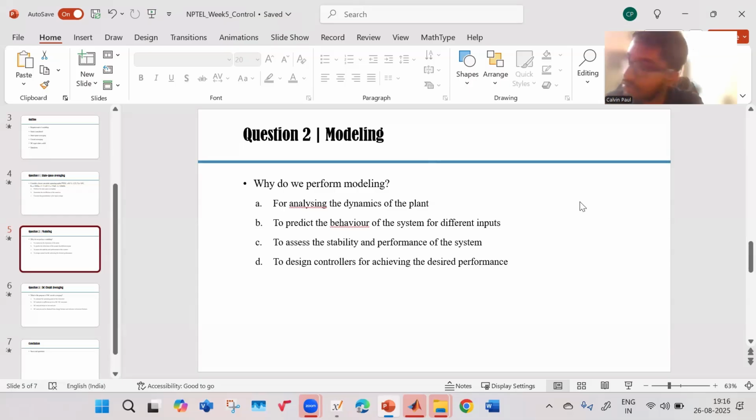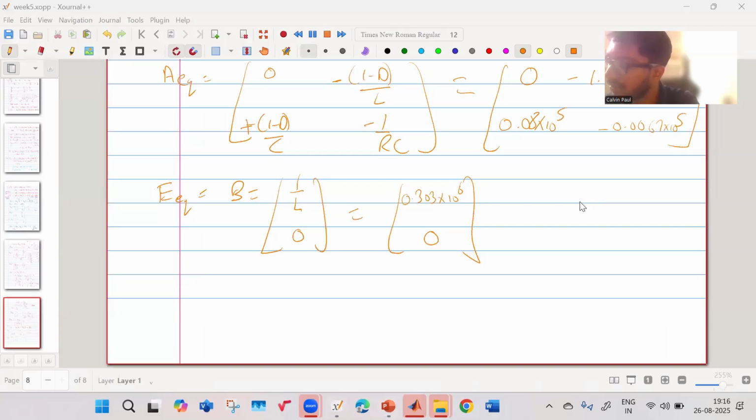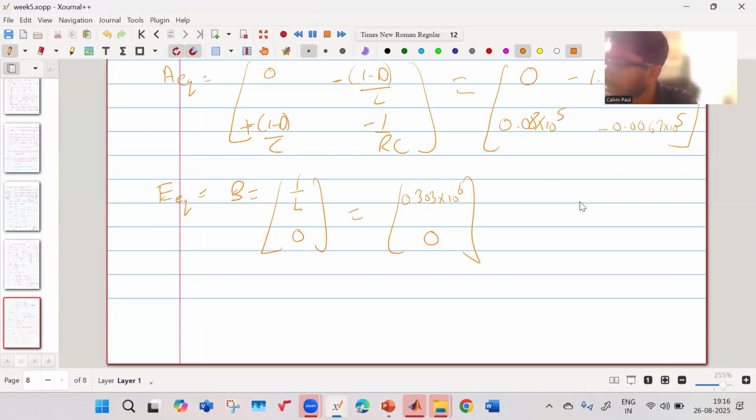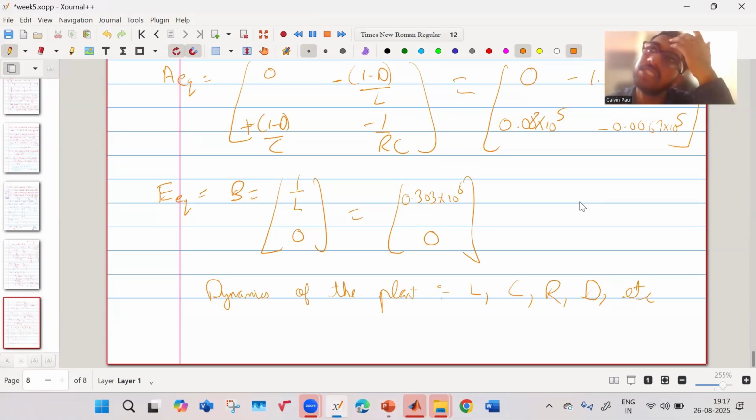Those dynamics of your plant depend on your L value, C value, your R, your duty, etc. Sometimes, as we had also told, a light load control strategy: at high load we prefer PWM, at light load we try to do variable frequency, etc. Different things are there.